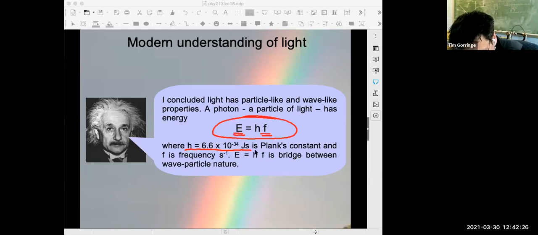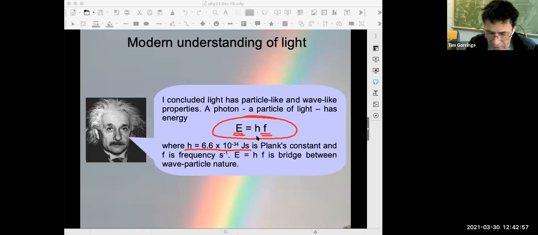Joule seconds. So over here, for frequency, describing the wave-like nature of light, we've got something in inverse seconds. Over here on the left, energy, something describing the particle-like properties of light, we've got something in joules. So Planck's constant takes us from the wave-like properties to the particle-like properties and converts the units from hertz or inverse seconds into joules, the units of energy.